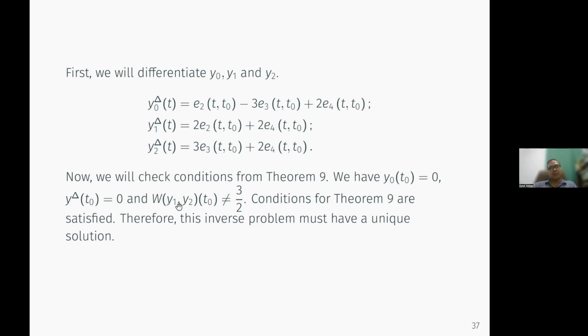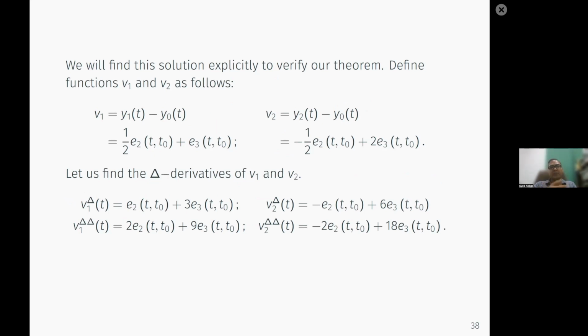And the Wronskian W of y1, y2 at t0 is actually 3 by 2 in this case, which is non-zero. So all conditions of the theorem are satisfied. And the claim in the theorem is that it must have a unique solution, right? So in this case, we get a unique solution, which we can compute.